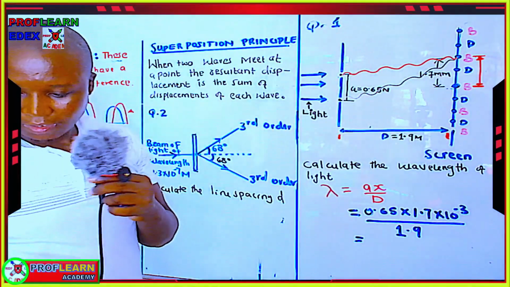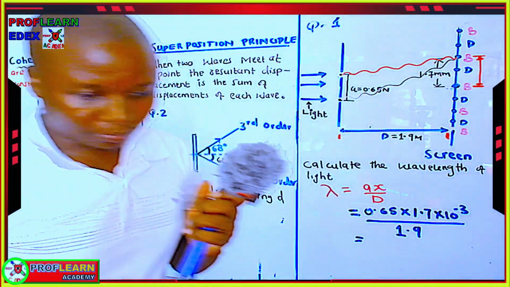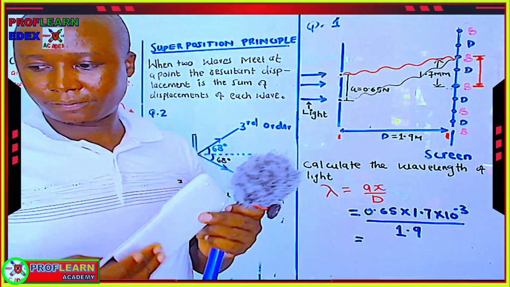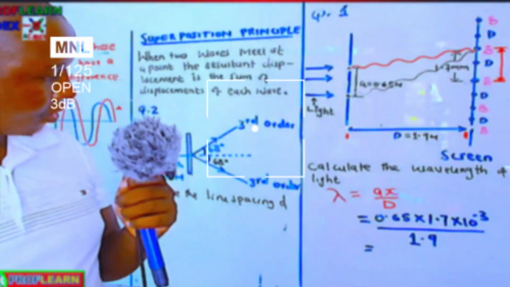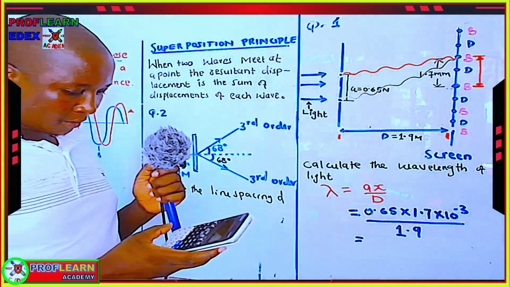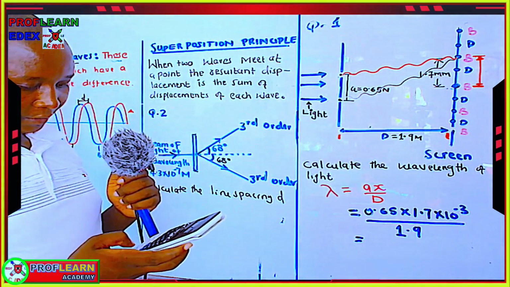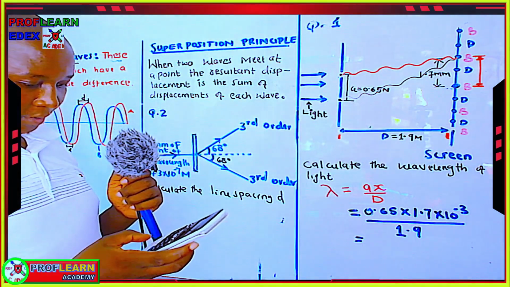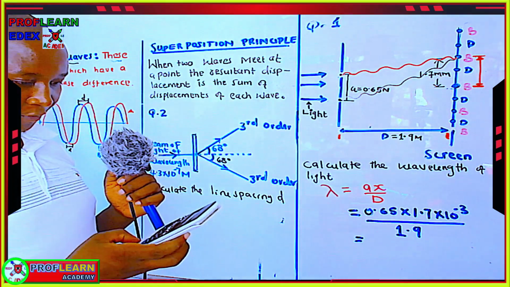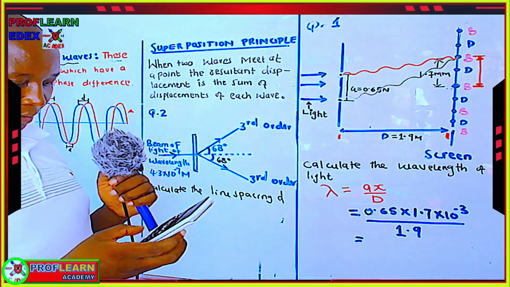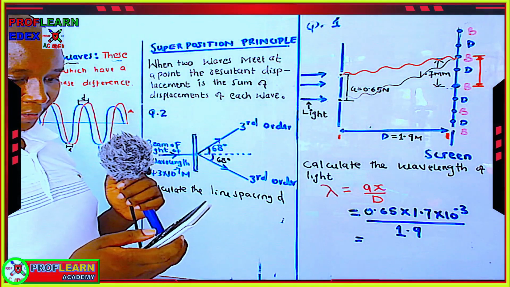So if we can now put this in our calculator and check what exactly we're going to get in this case, let us put it in the calculator. (0.65) times 1.7 times 10⁻³ divided by 1.9.